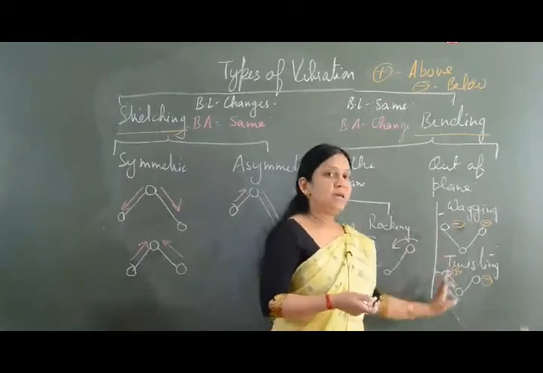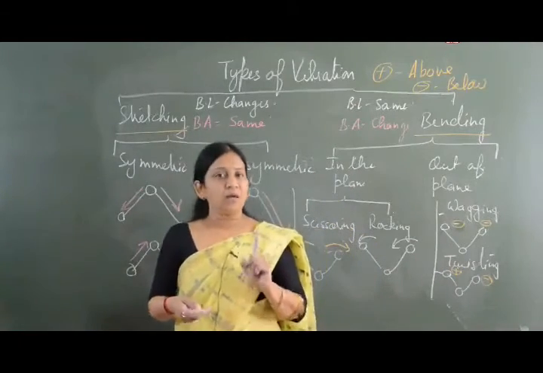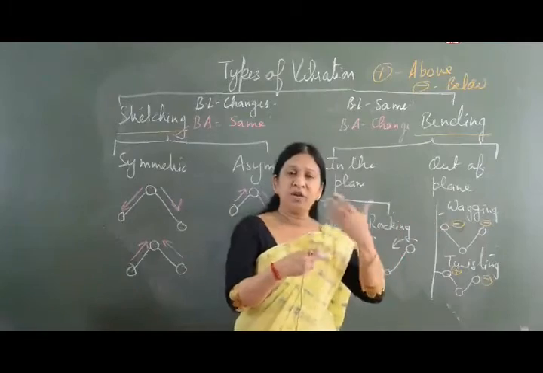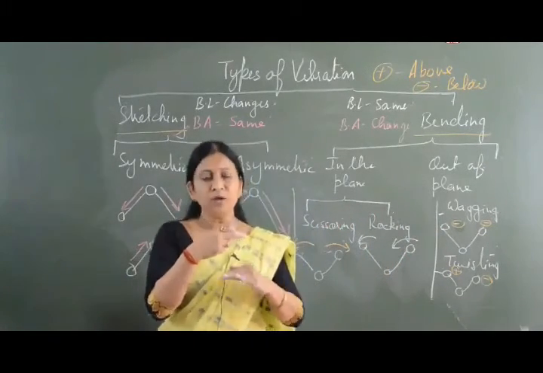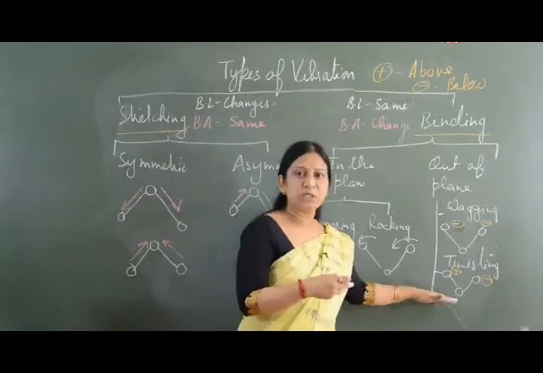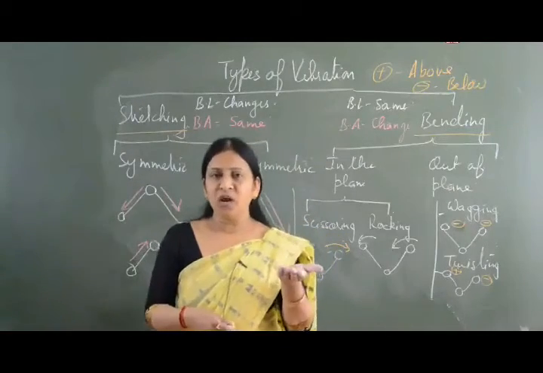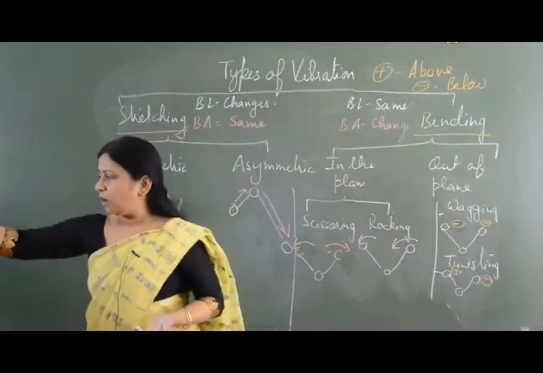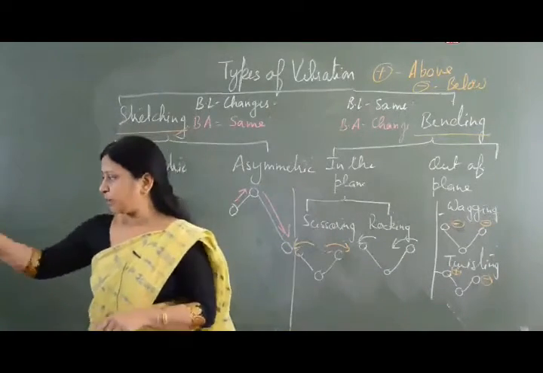Out of plane bending is again of two types, wagging and twisting. Wagging means the bonds are moving above the plane or below the plane, and in twisting, one bond is moving above the plane and the other bond is moving below the plane.